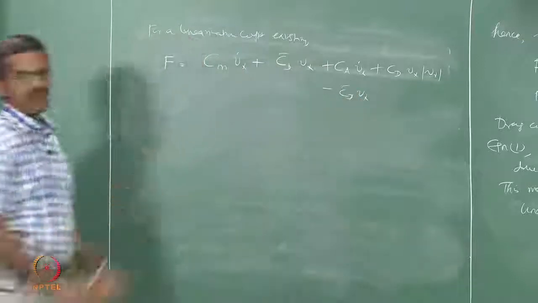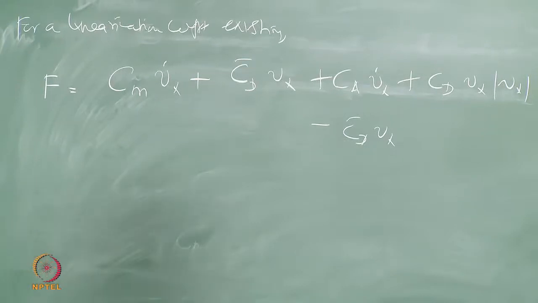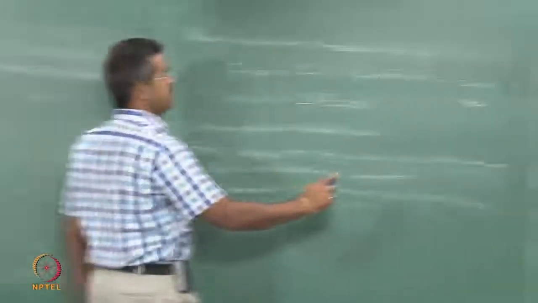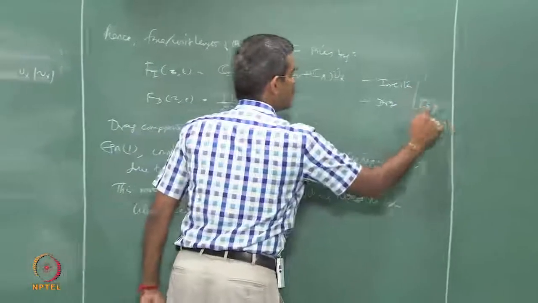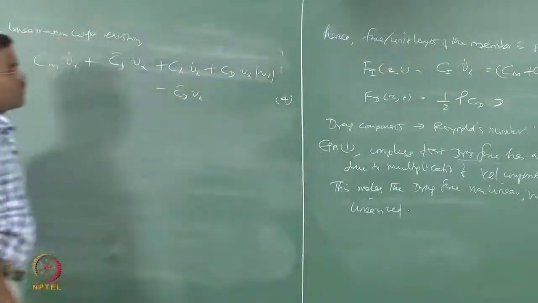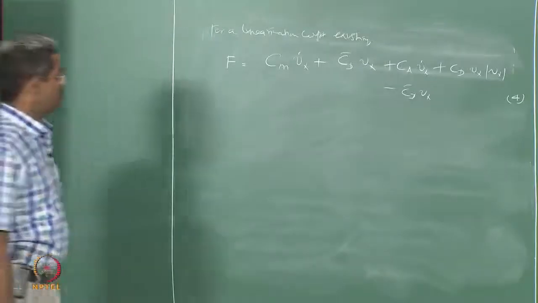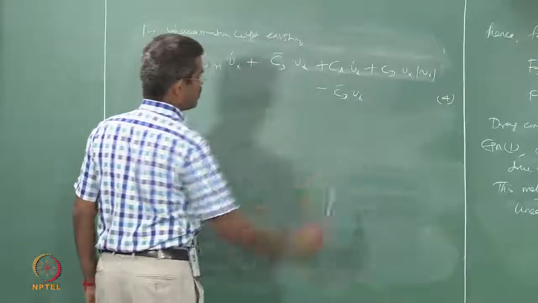So the meaning of the equation will not change compared to equation 1. It is the same. I will call this equation number 3, I can call this equation number 4. If you compare 4 and 1, the meaning of equation 4 and 1 does not change, except that I have added and subtracted an additional term, which is CD bar Vx.